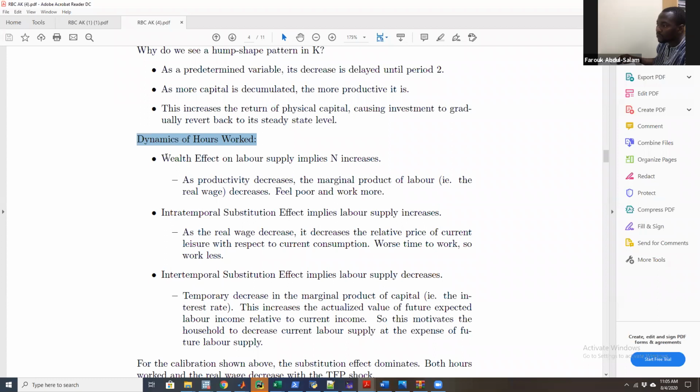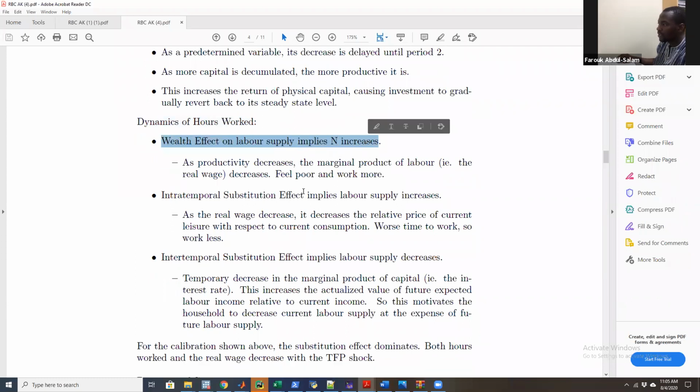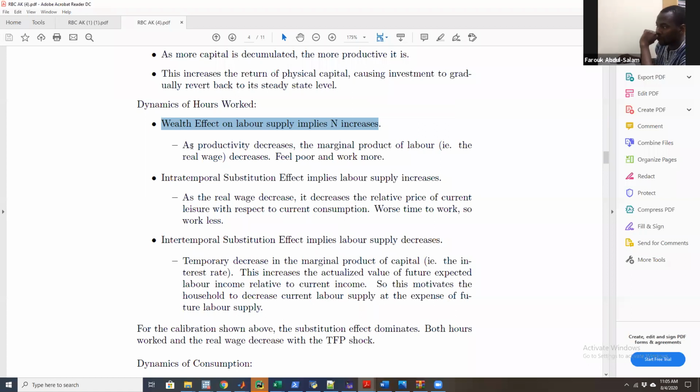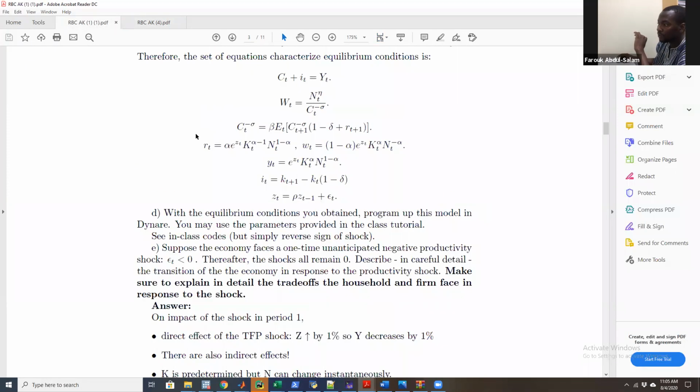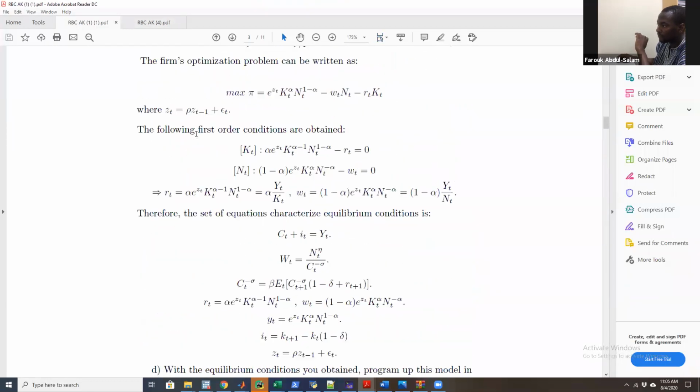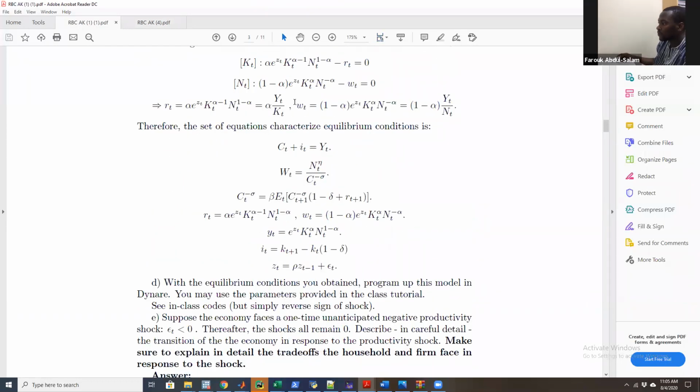So when Z goes down, remember there's going to be a wealth effect on the amount of hours of work. As productivity decreases, the marginal product of labor, which is the wage, decreases, which implies that people will feel poor. And that's very standard, because when you go back to the firm's equation, look at the wage equation.